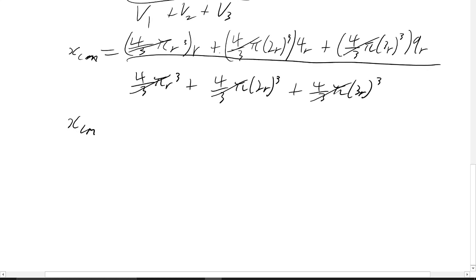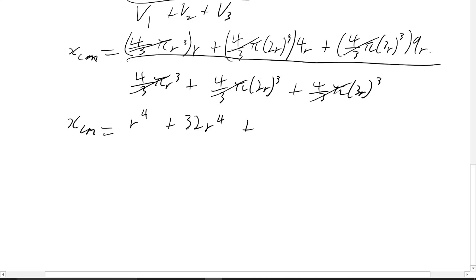And we'll also put the r's together. So r to the 4 plus 2 cubed is 8 times 4 is 32 r to the 4 plus this one, 3 cubed is 27 times 9. That's the same as 3 to the 5.